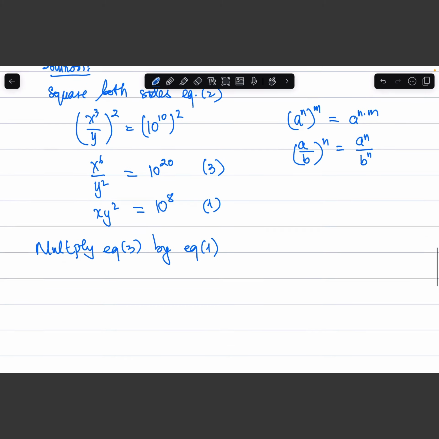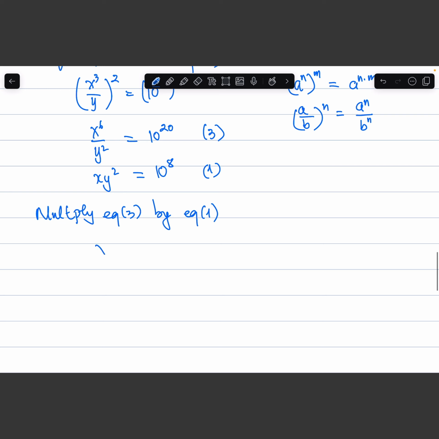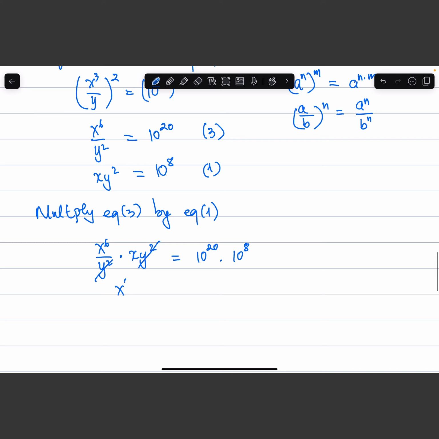Then on the left side we would have x to the power 6 over y squared times xy squared, and on the right side we would have 10 to the power 20 times 10 to the power 8. On the left side y squared cancels, so we would have x to the power 6 times x, and on the right side we multiply, then we get 10 to the power 28.